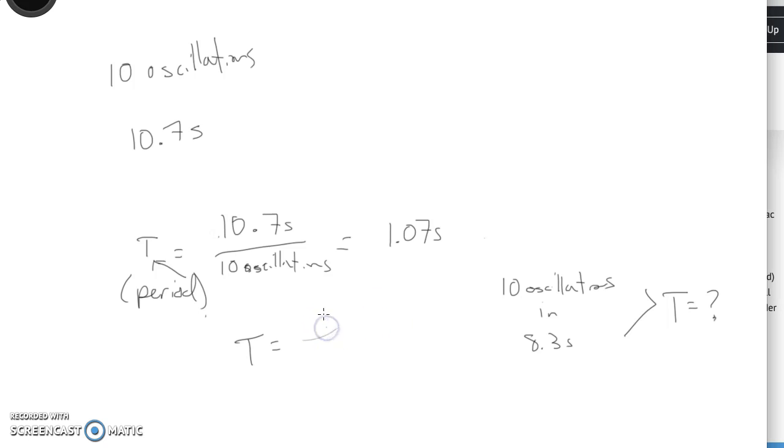So to find this, we would divide 8.3 seconds by 10, and we get 0.83 seconds for one oscillation. Okay, so you're going to use this to take data, and this counting of 10 oscillations allows us to eliminate some of the error that is introduced by reaction time using a stopwatch, when we start investigating pendulums.